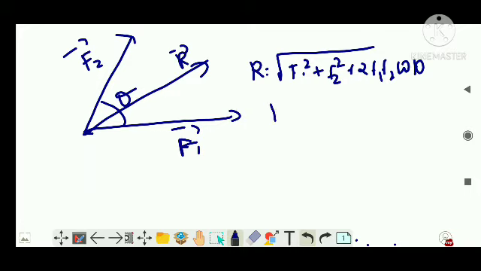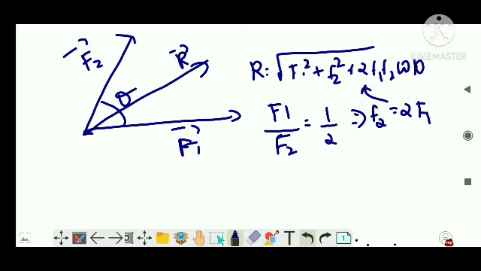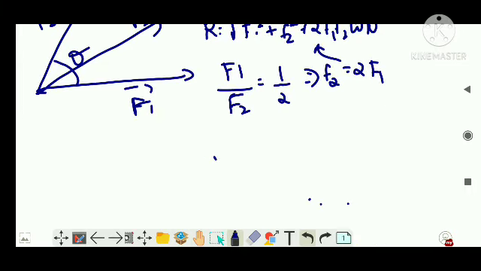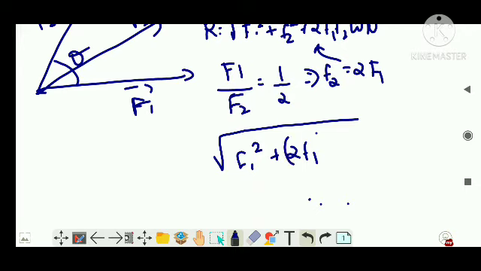And in the question it is given that F1 by F2 is equal to 1 by 2, right? So I can write F2 as 2F1, and I can substitute this value over here, right? So what will I get? Root of F1 square plus 2F1 whole square plus 2 times F1 times 2F1 cos theta, right?